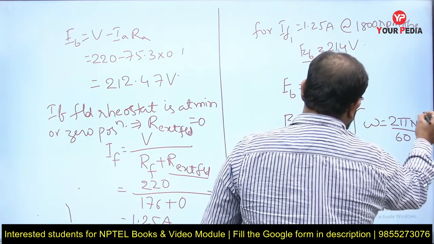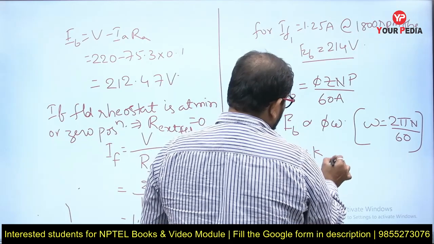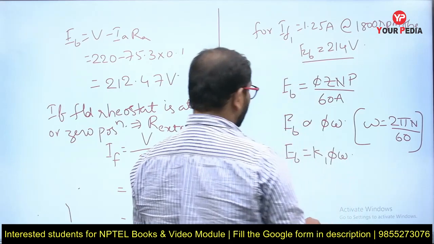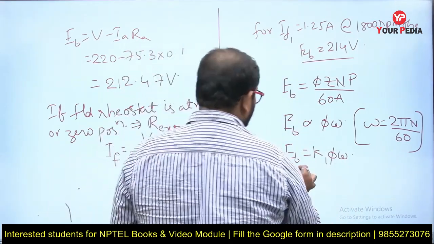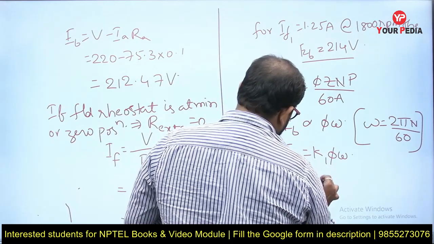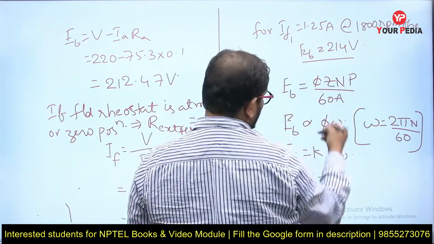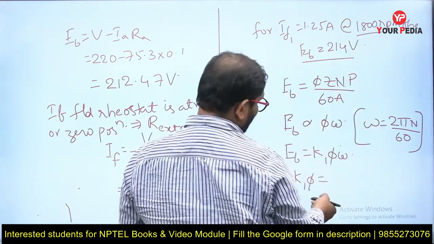So back EMF is equal to some k1 into phi into omega, where omega is the speed. Now calculate k1 into phi, because we know the back EMF voltage of 214 and the speed of 1800 rpm.